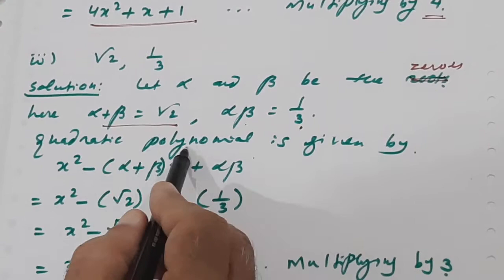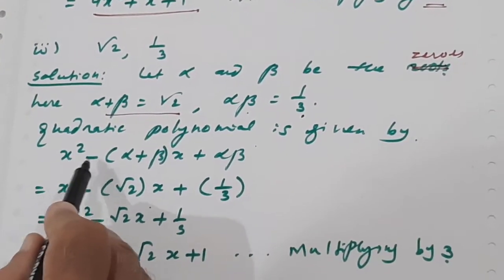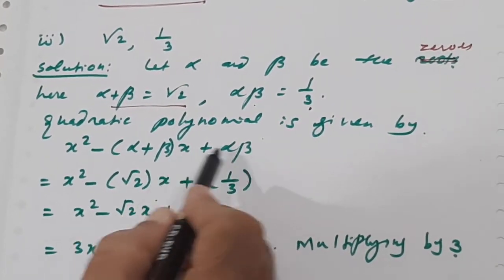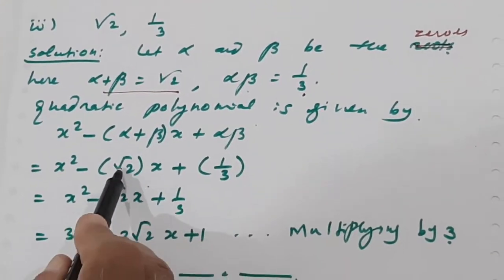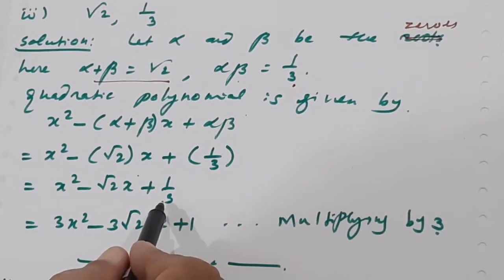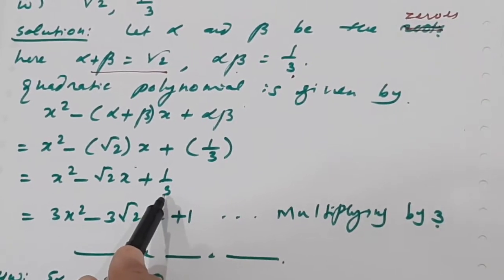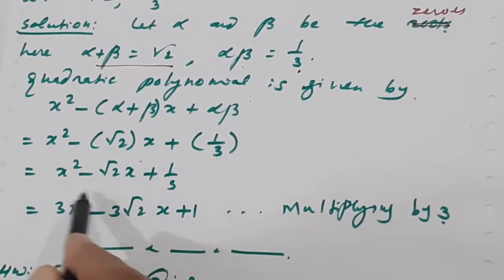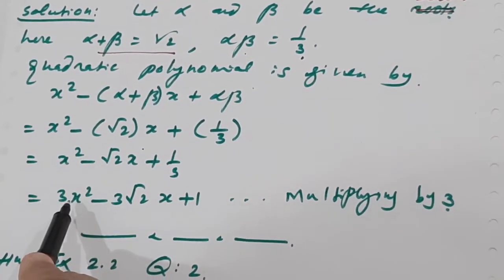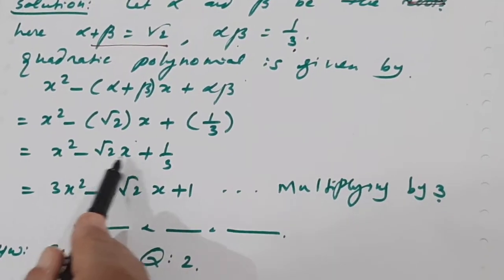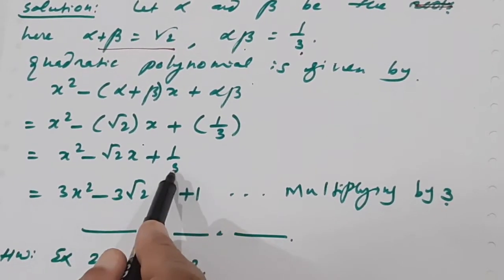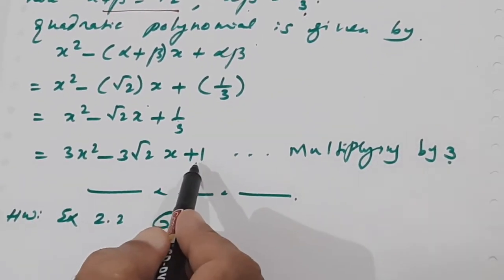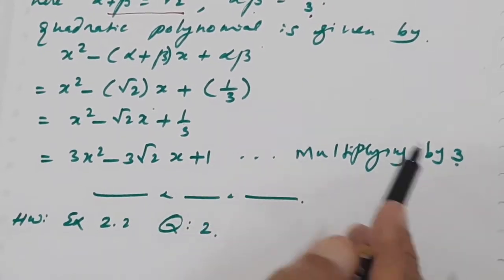The quadratic polynomial is given by x square minus alpha plus beta in the bracket and x plus alpha beta. Now write down minus root 2 and plus 1 upon 3. And you see that this 3 is again a denominator. So multiplying the entire expression by 3, we get 3x square minus 3 root 2 x, we have to multiply this by 3, and 1 upon 3 multiplied by 3, the 3s cancel, it is plus 1. Okay guys.